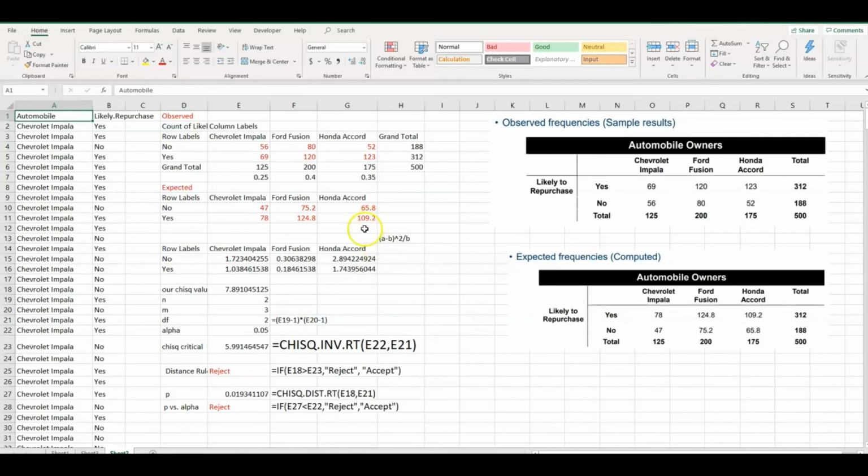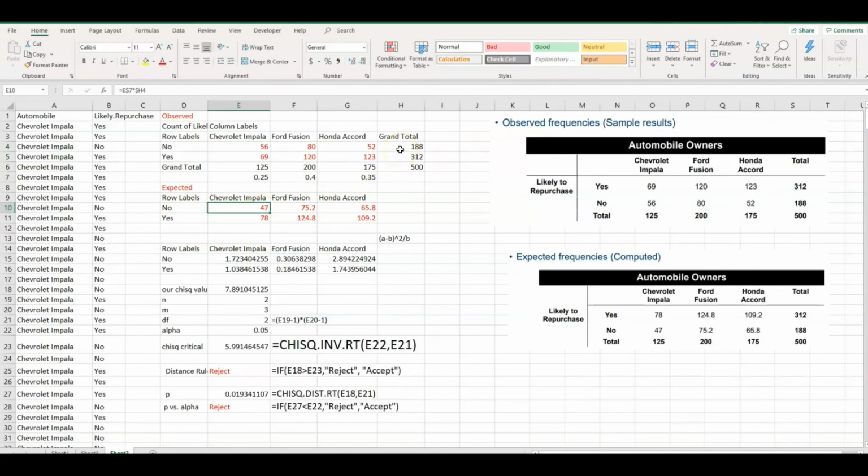The first thing we do is generate 2x3 tables. We highlight our data and click insert pivot table. We generate this 2x3 matrix, so this is our observed. Then we calculate expected. What is the expected value to say no?